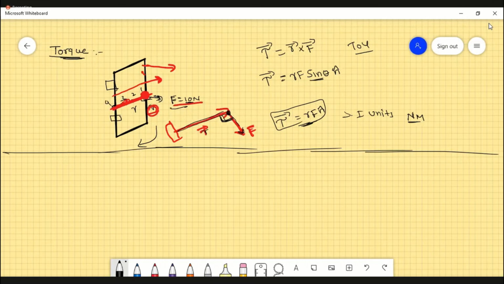Work done W equals F into S, where F is Newton and S is meter, so Newton meter. That is the dimension of energy, which is the same as the dimension of torque: M L squared T power minus 2.